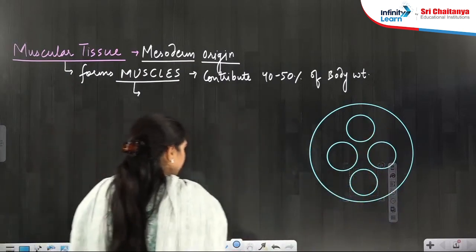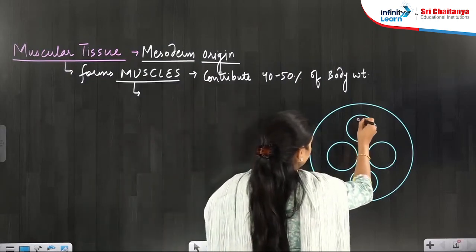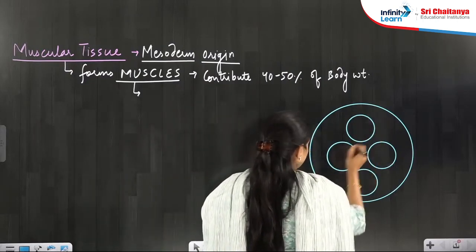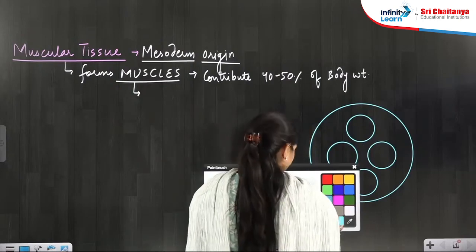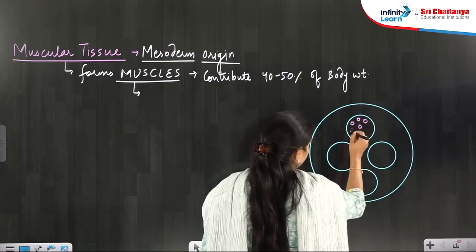And in every muscle bundle there are muscle fibers. So many muscle fibers make up this bundle. This is the muscle fiber.